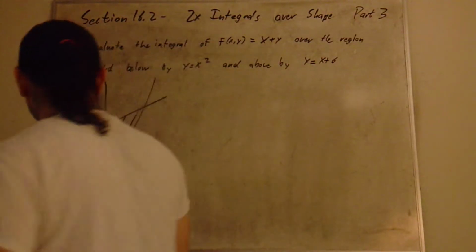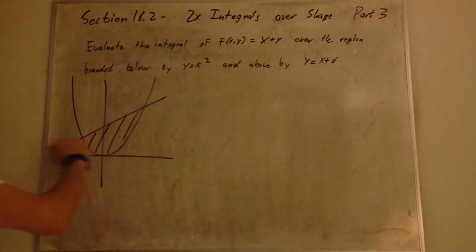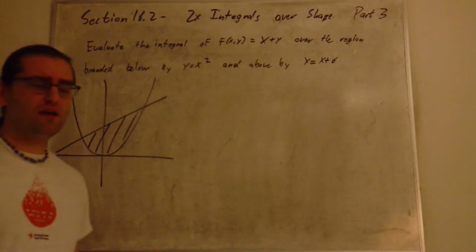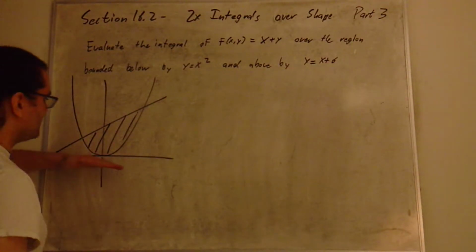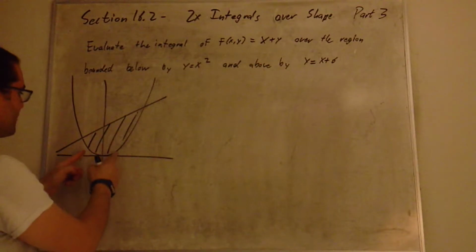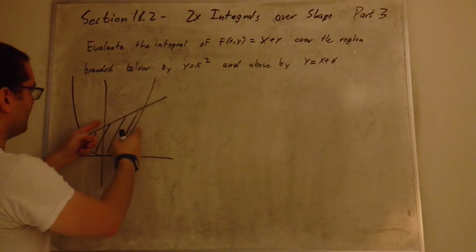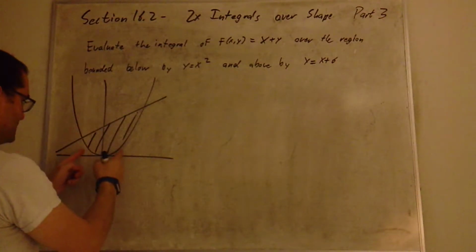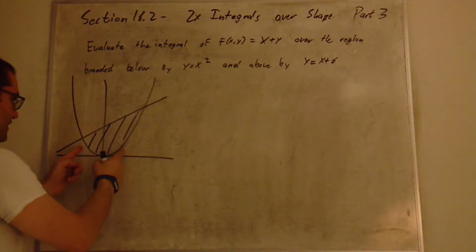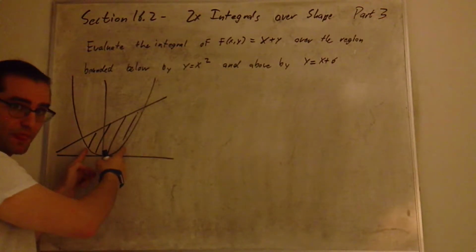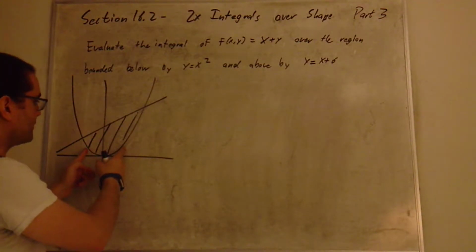If you want to slice this thing horizontally, you're going to have a pretty bad time. Because if you're slicing this thing horizontally first, your bounds are going to change halfway through the integral. On this bottom half, your bounds are going to be the left half of the parabola to the right half of the parabola. Those are the bounds for your first double integral.